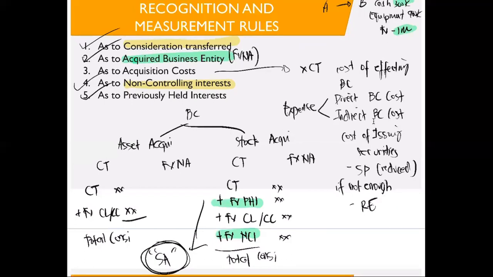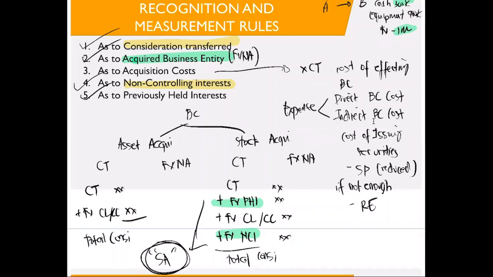Okay? So again, on your acquisition costs, these are your costs of effecting the business combination. We have your directly attributable costs or your direct business combination costs, indirect acquisition costs or indirect business combination costs. These are treated as expense. Your cost of issuing securities, they are treated as a reduction to your share premium.